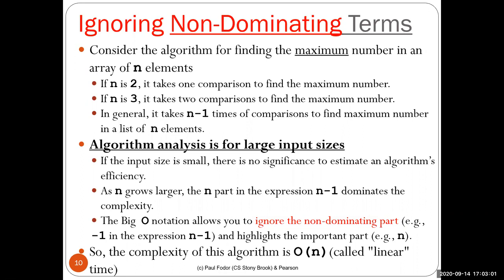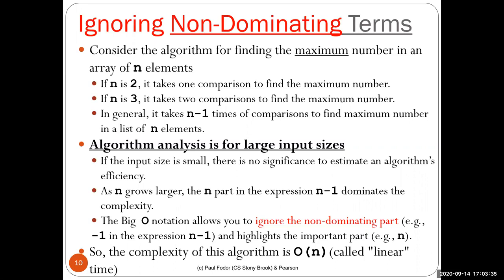But n is really big. The input to such a function could be 1,000, could be 1,000,000, could be 1,000,000,000. So really the fact that you subtract 1 out of that input has no significance for the efficiency of the algorithm. As n grows larger and larger, the n part in n-1 dominates the 1, and that -1 plays no role.